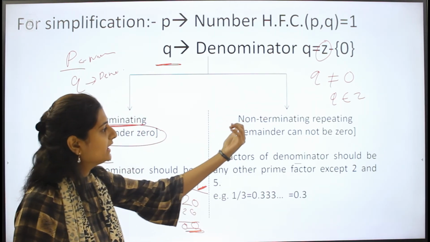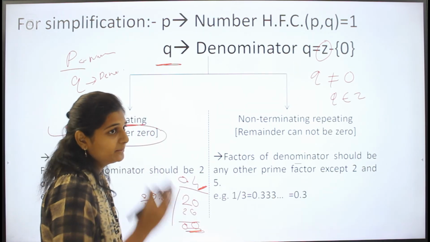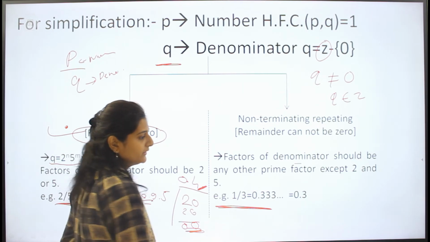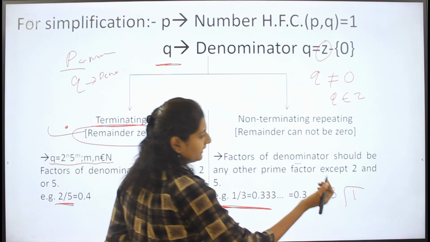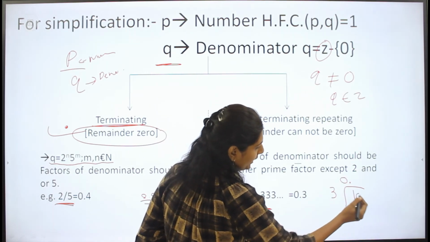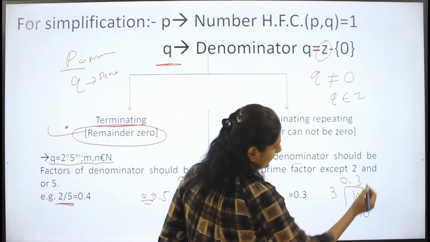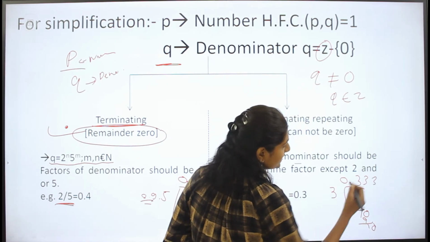Now second, we have non-terminating repeating. It is non-terminating but it repeats. For that we also have an example, 1 by 3. If you are dividing 1 by 3, you cannot divide 1 by 3, so you have to take 0 point. Now 3 3s are 9, 1 remaining. Again 3 3s are 9, 1 remaining. Again 3 3s are 9.